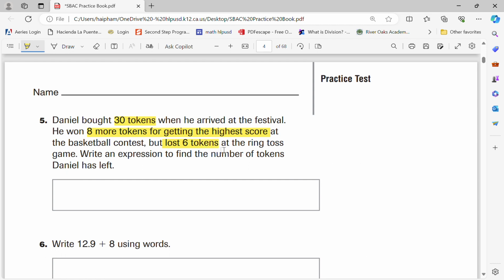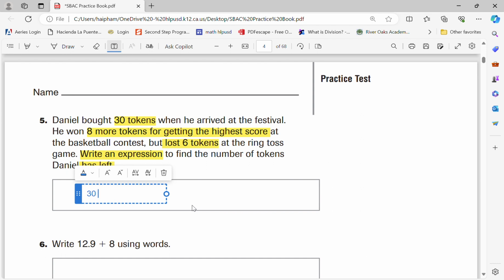So there's multiple operations occurring here. So we do need to think about that as we write our expression here. And we have Daniel having a remainder number of tokens, which does imply that there will be some subtraction. So let's start this off. Daniel began with 30 tokens.